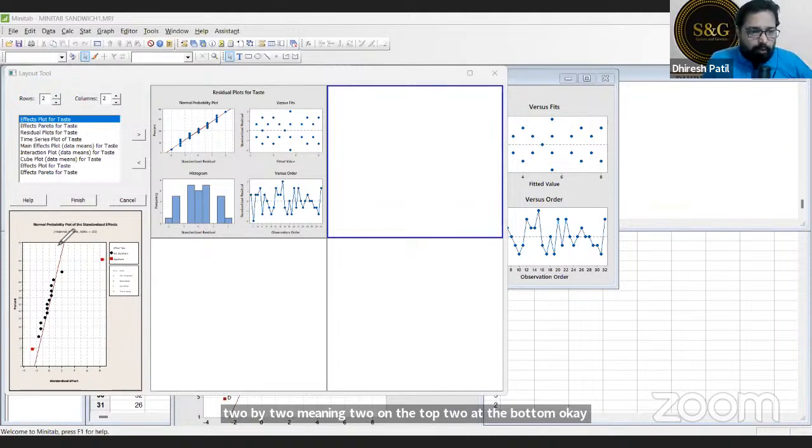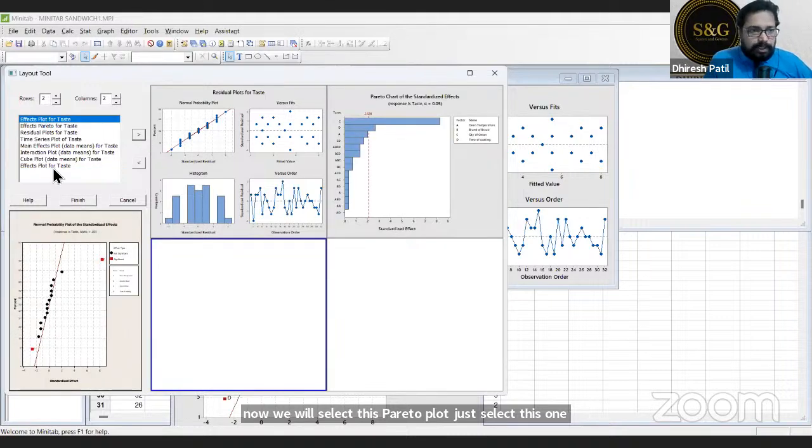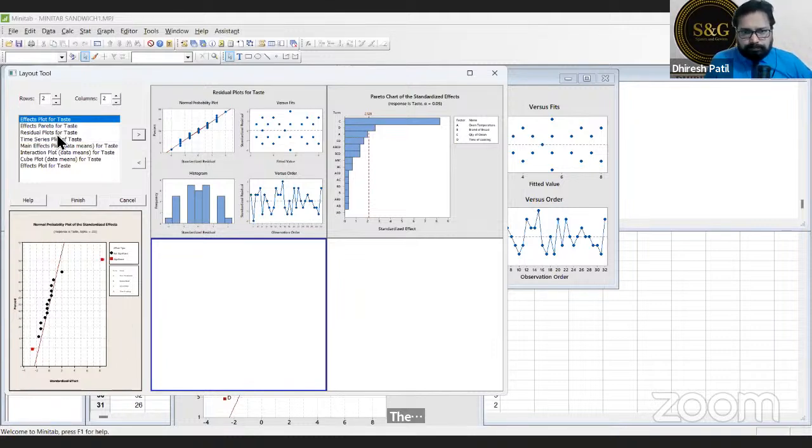Okay. Now, what we will do is, this one is already selected. Which is residual plot. Now we will select this Pareto plot. Just select this one and click on this arrow. It will get selected. And the third one is which one we said? Yeah, this one.